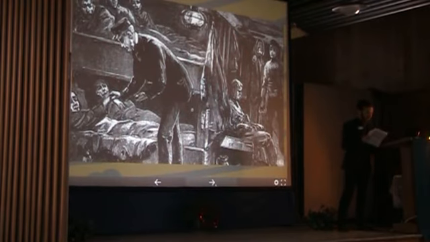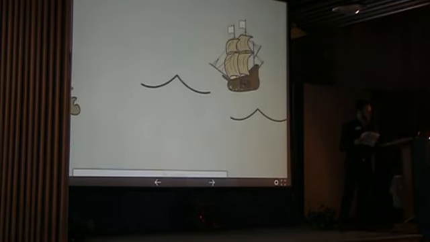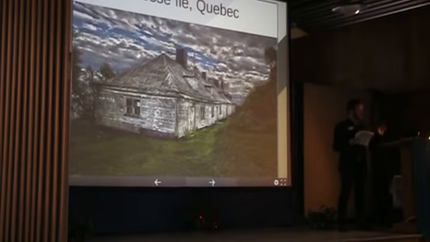So at the start of the epidemic, Canada and Quebec already had a station to maintain quarantine for newly arriving ships in Grosse-Île, around Quebec City.